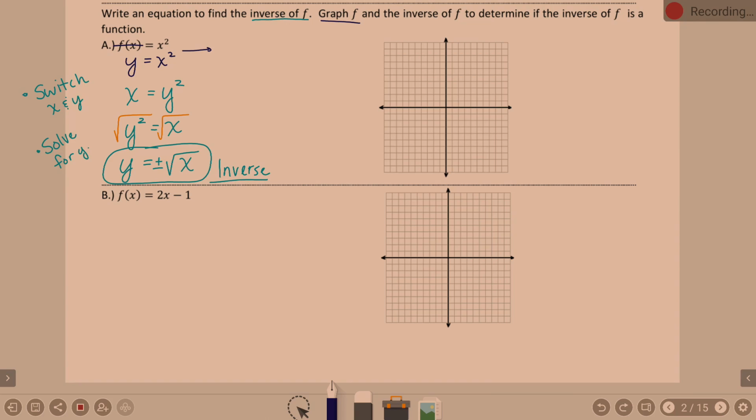How do you guys want to graph y equals x squared? I'm open to ideas. There's a couple different ways we could talk about this. If you dig deep enough, we've been there, done that this year. But there's also always the fallback option.